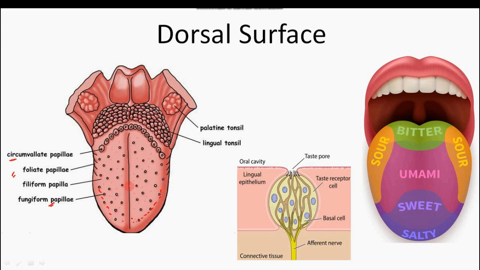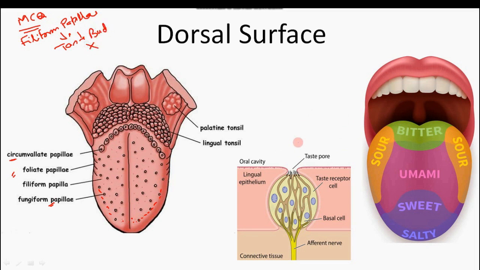And these filiform papillae do not have taste buds. This is important for your examination for MCQ: which papillae do not have taste buds. Filiform papillae do not have taste buds.